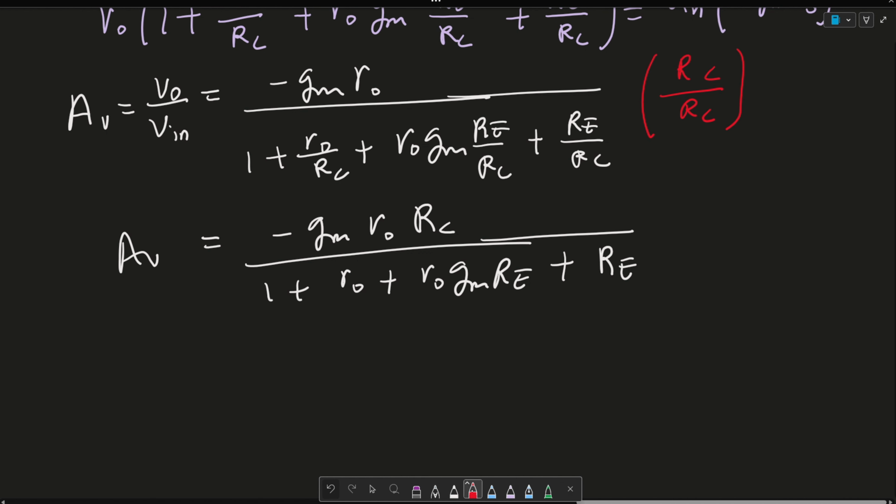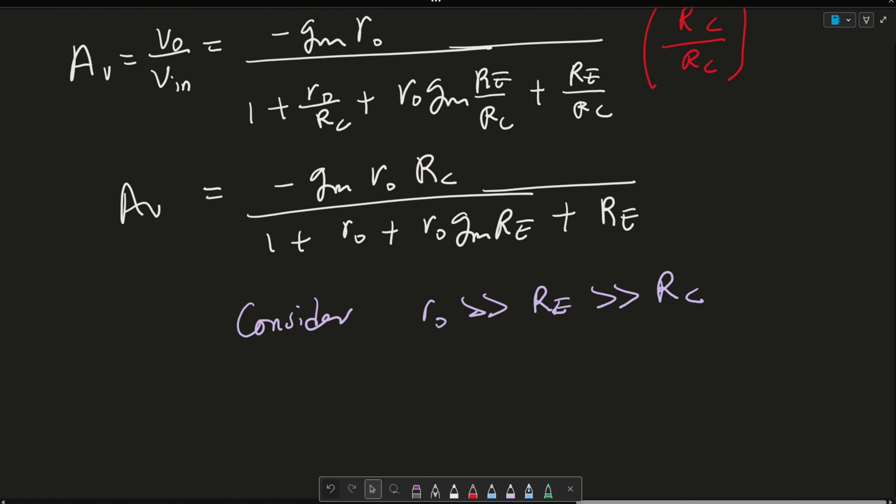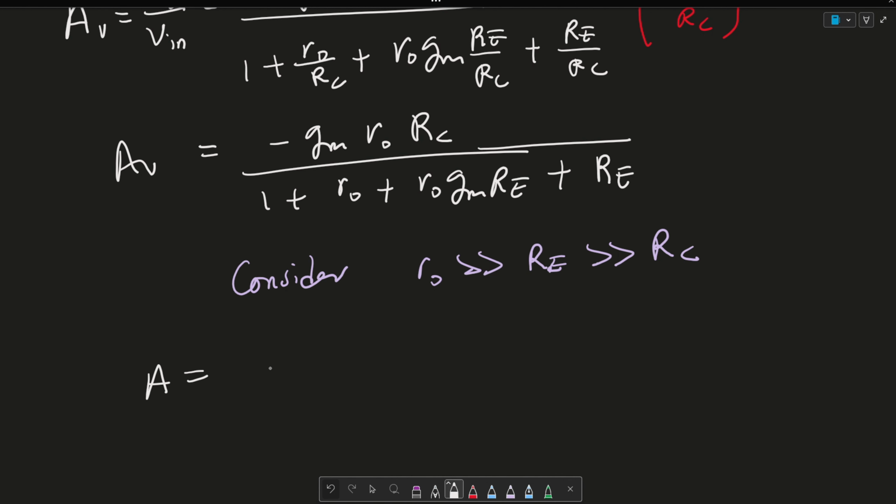Generally speaking, we consider RO to be much greater than RE and much greater than RC. As a result, AV is equal to minus GM. In the eyes of RC and RE, they see RO as basically infinity.